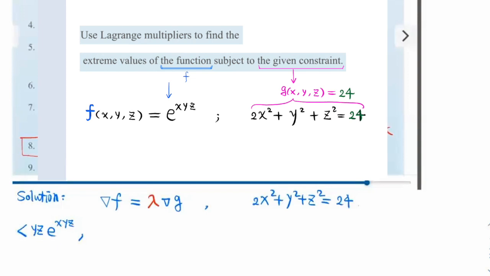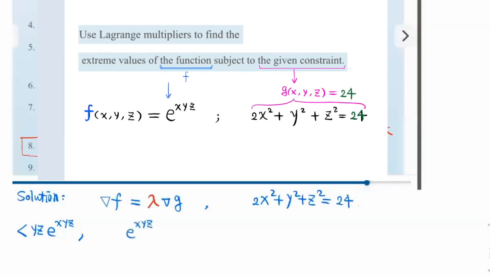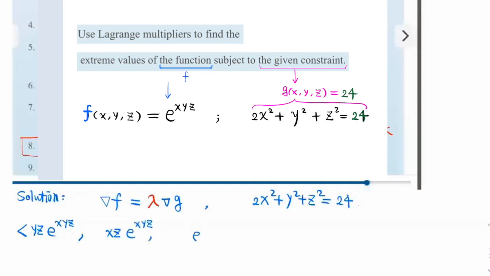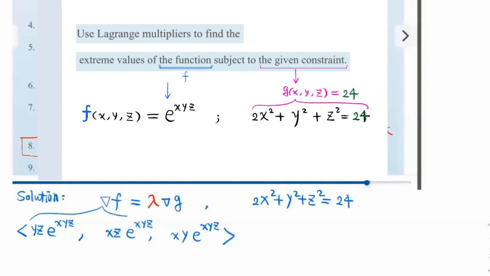The second component, the partial derivative with respect to y, is very similar: e to the xyz times xz. And the partial derivative with respect to z is similar: e to the xyz times xy.